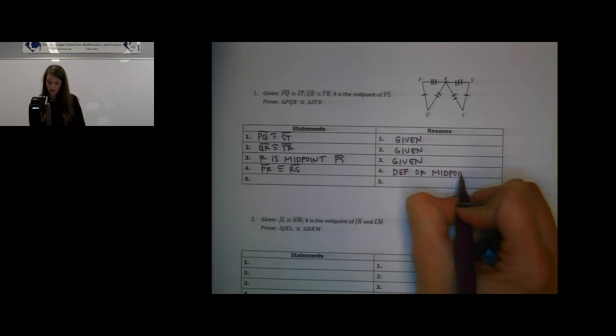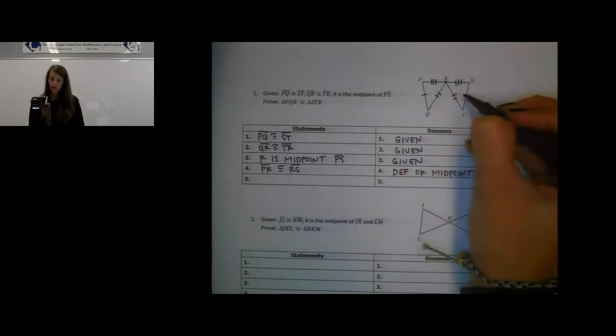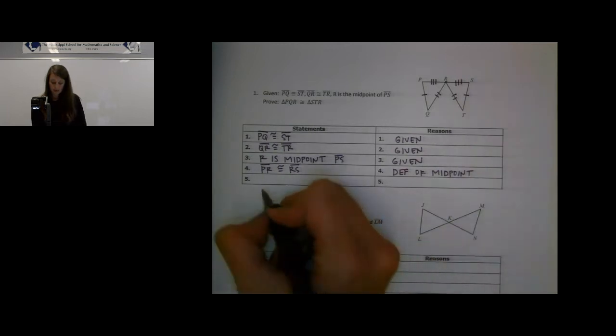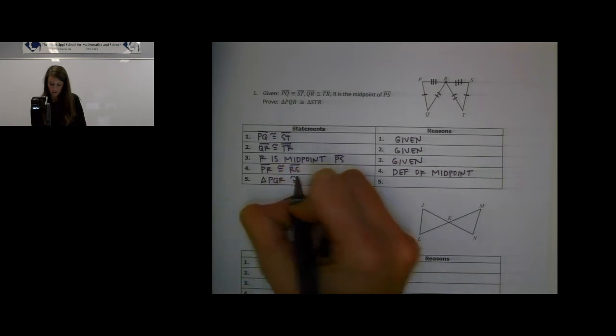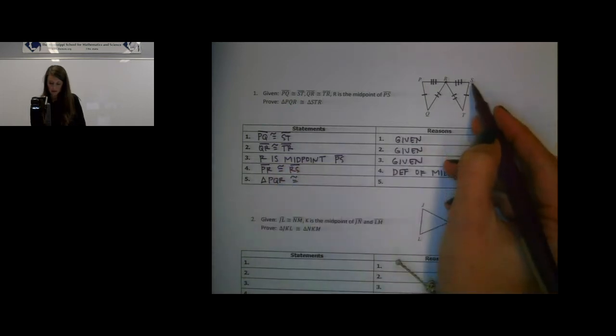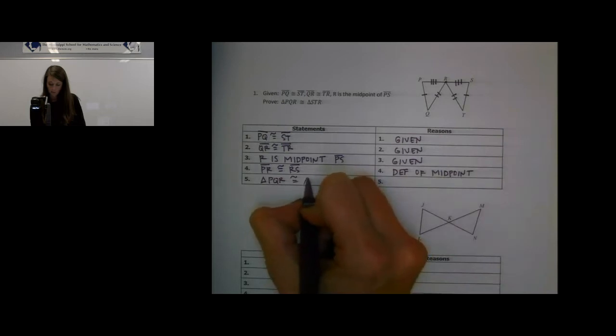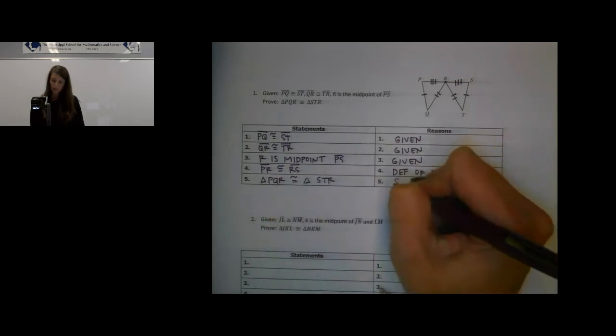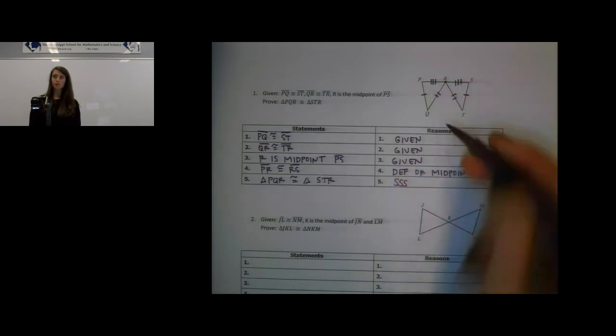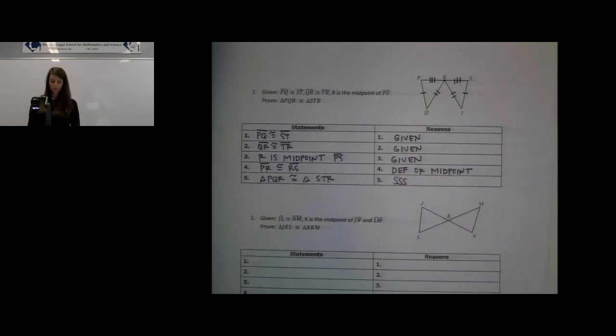So now what do we have? We have triangles that are congruent. All three sides are congruent. So now I just showed that triangle PQR is congruent to triangle STR by what? Side, side, side, because all sides are congruent.